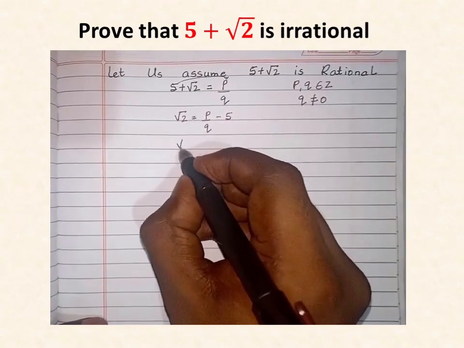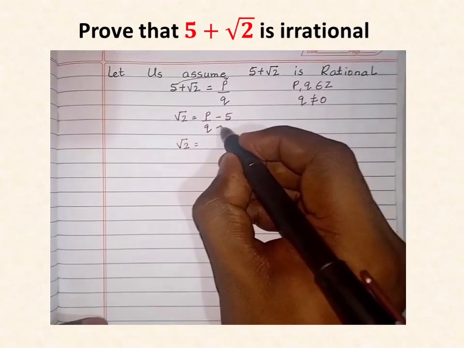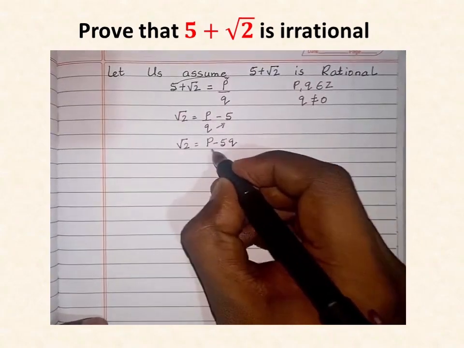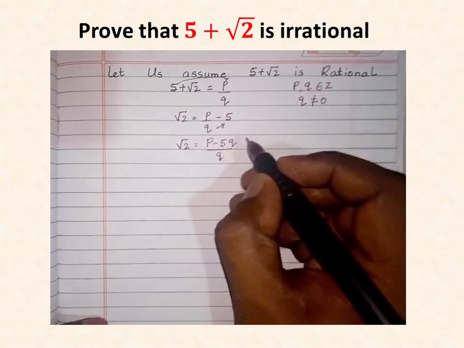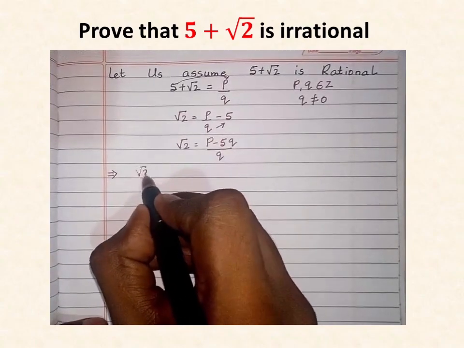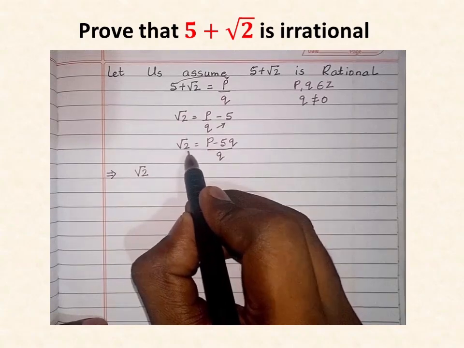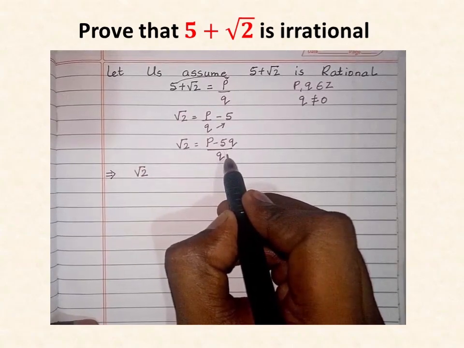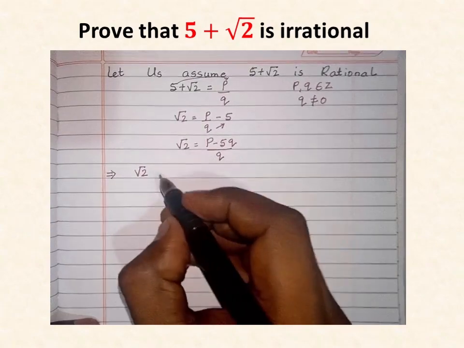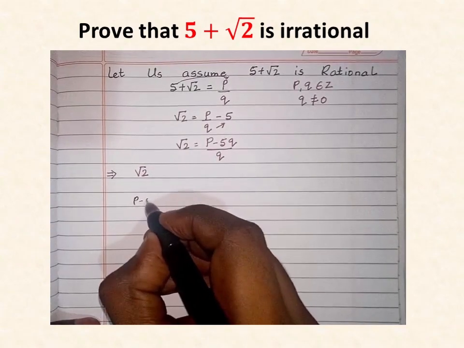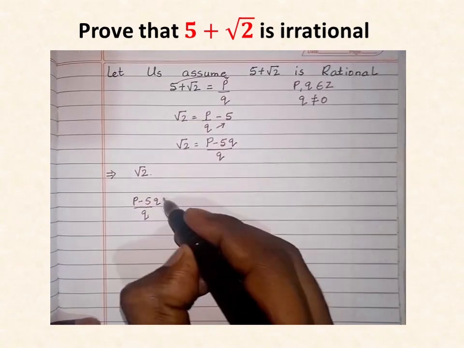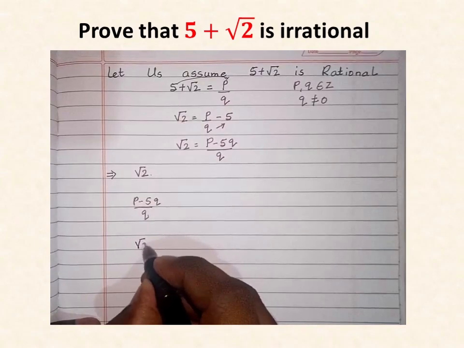That is root 2 equals, now taking LCM will give you P minus 5Q by Q. Therefore, root 2 is rational because P minus 5Q by Q is rational, but we know that root 2 is an irrational number.